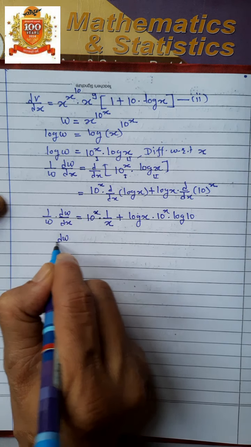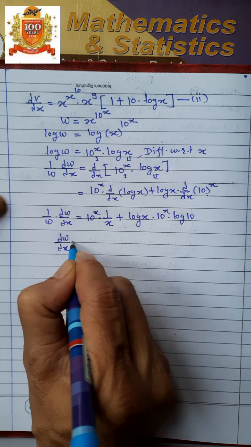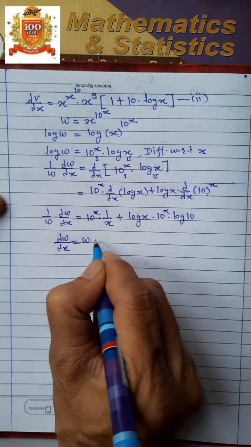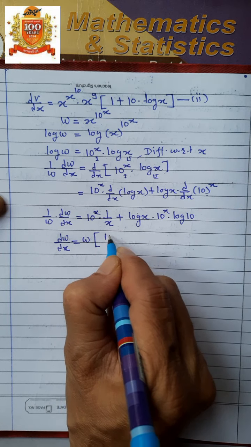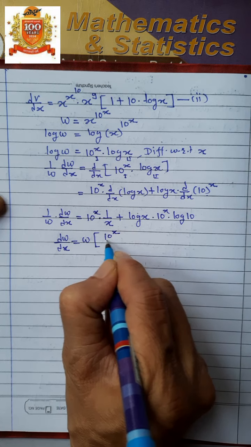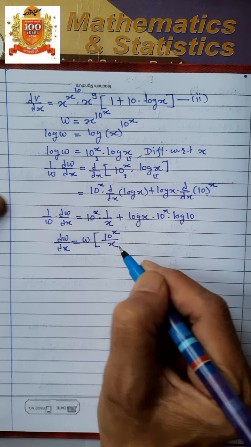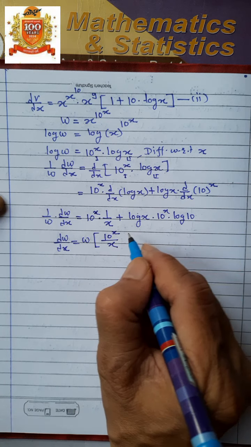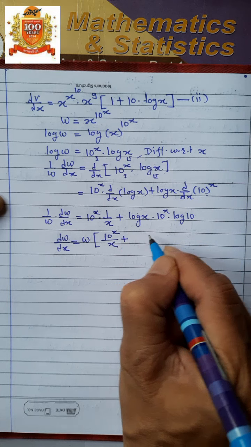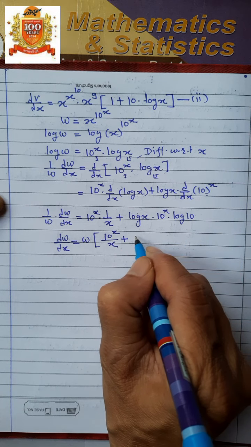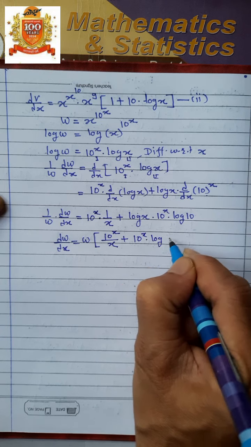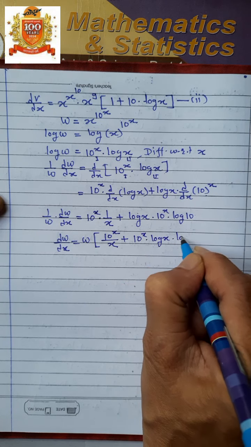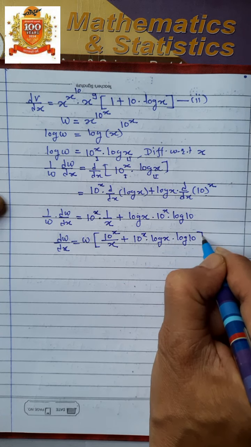Therefore dw by dx is equal to w into bracket 10 raised to power x upon x plus 10 raised to power x into log of x into log of 10.